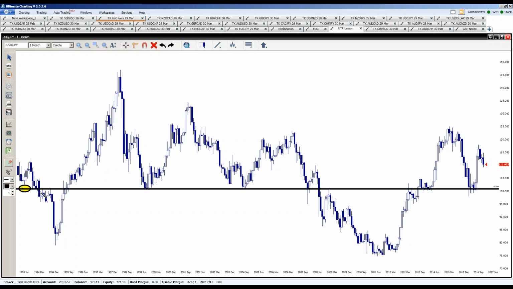Support, resistance, support, support, support, resistance, resistance, support, and then support again. Amazing how the market actually honors such a pivot level.